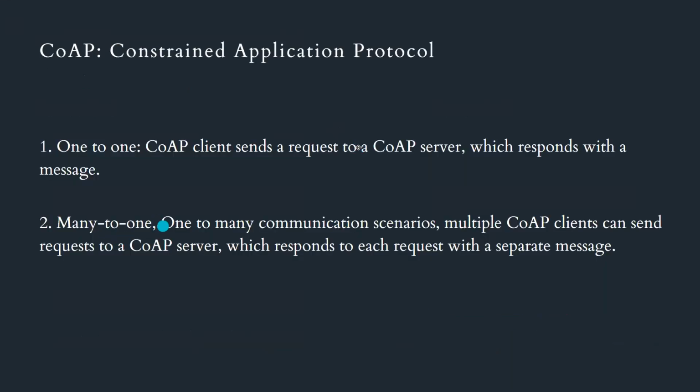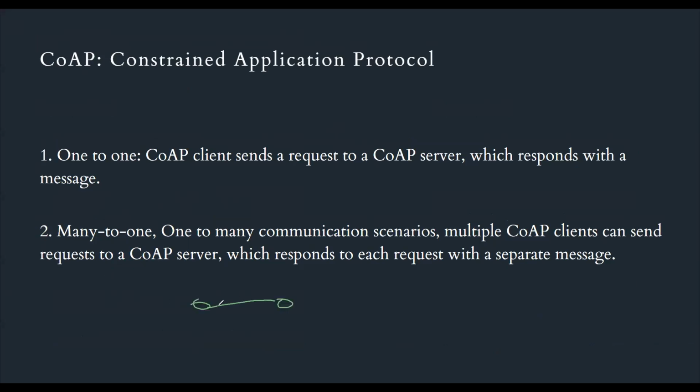So the CoAP method can be used in situations where we have one-to-one communication. That means from one device to another device, we can use CoAP communication, or else we can also use it for many-to-one or one-to-many communications. CoAP can be used for one-to-one communication if there are only two devices in the communication range.